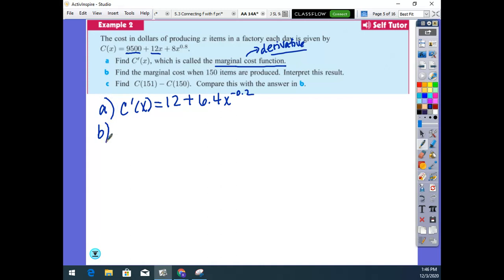B says find the marginal cost when 150 items are produced.